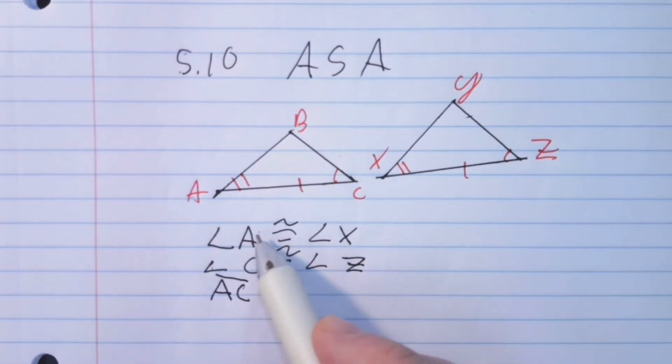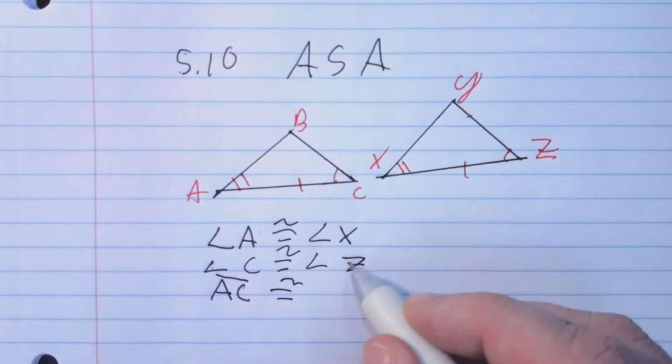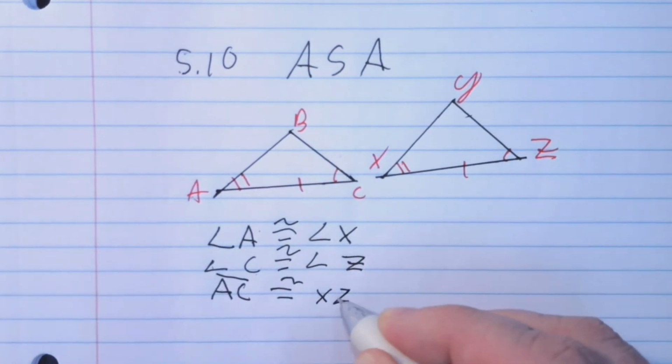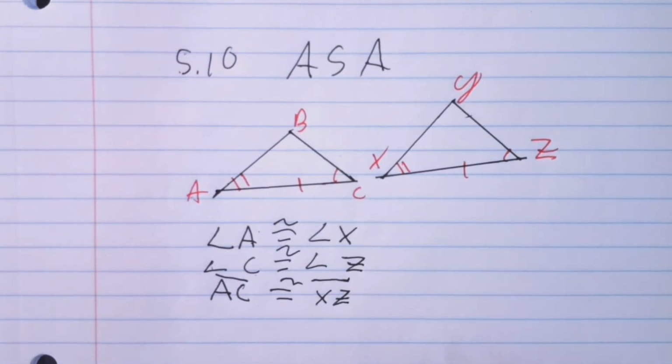Each angle vertex is an endpoint for the line segment. And so, not even looking at this shape, I know that this line should be XZ, because each angle is an endpoint for this. And so that's basically what this is.